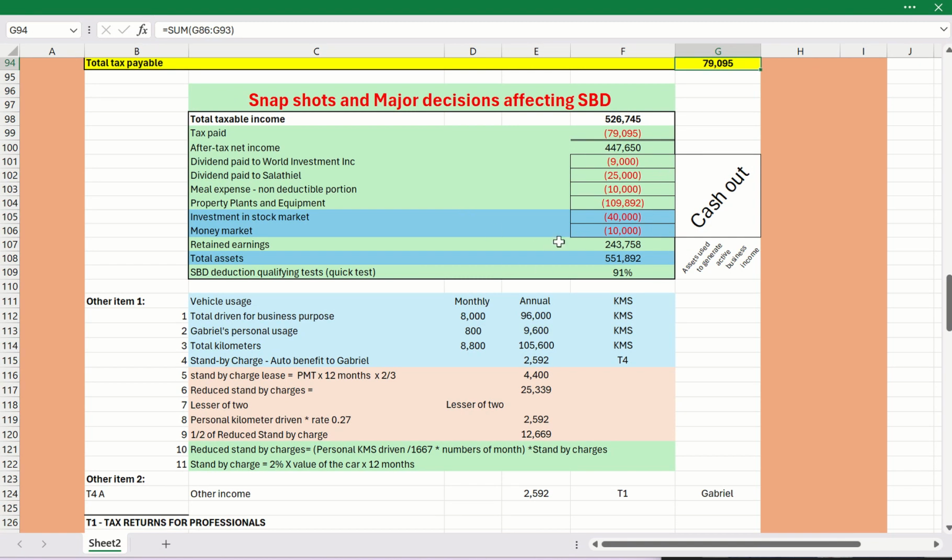So we know 90% of our asset must be used to generate cash. I apologize. 90% of the total asset of the corporation must be used to generate active business income. We use 91%: 40,000 plus 10,000 gives us 50,000 divided by $551,892 gives us 9%. 1 minus 9% is 91%.